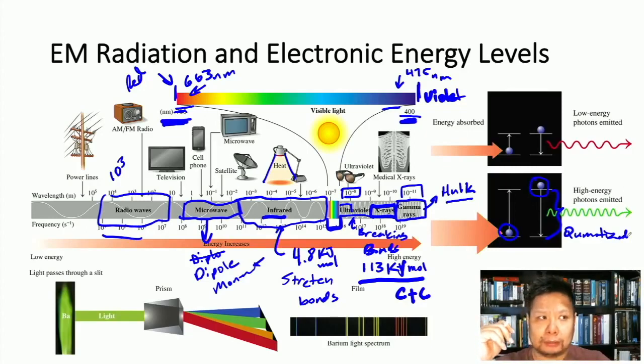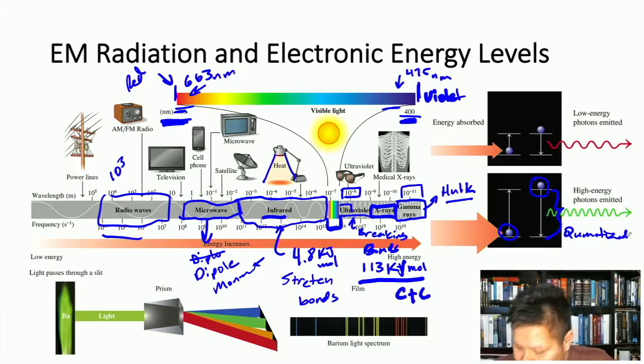So electrons don't have random energy levels all over the place. They all have specific energy levels that are quantized based on their position in an atom, or in a molecule, or their environment. So that is what quantized means.